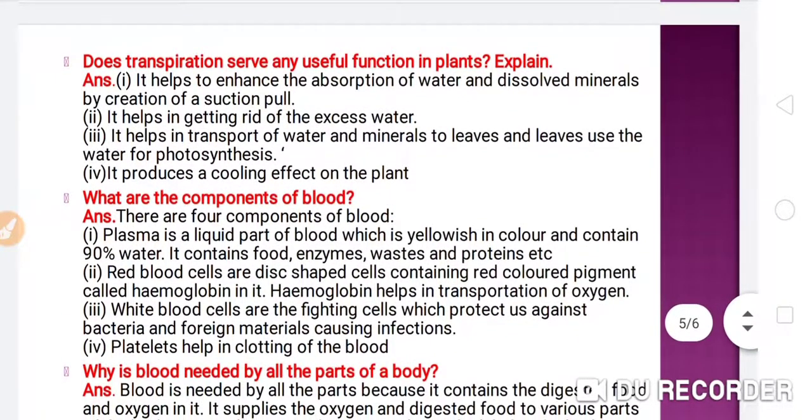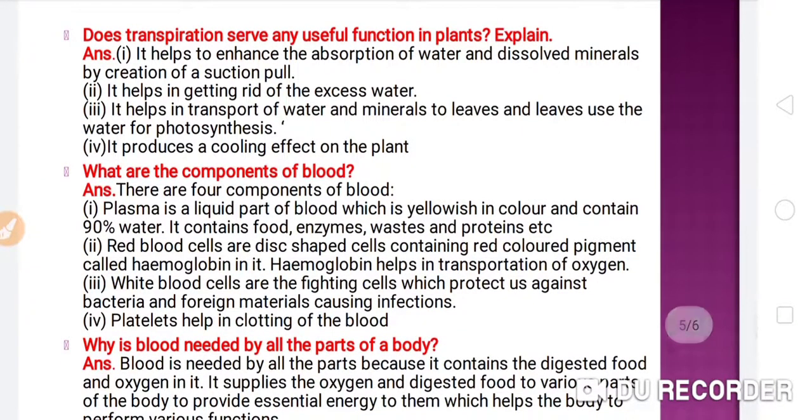Now next question, does transpiration serve any useful function in plants? Explain. Yes, it helps enhance the absorption of water and dissolved minerals by creation of a suction pull. Second one, it helps in getting rid of the excess water.